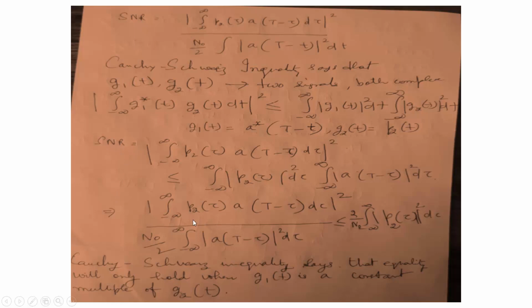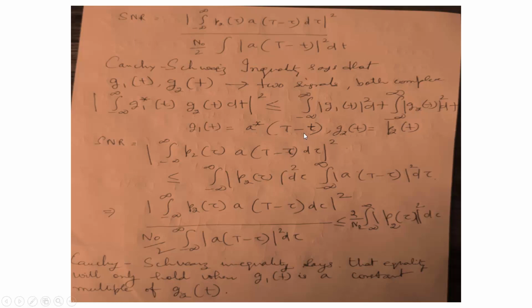When we divide this by the noise power, we will get the signal to noise ratio. So we are trying to calculate the signal power here, and we have said that G1(t) is A star(T minus t), G2(t) is P2(t).